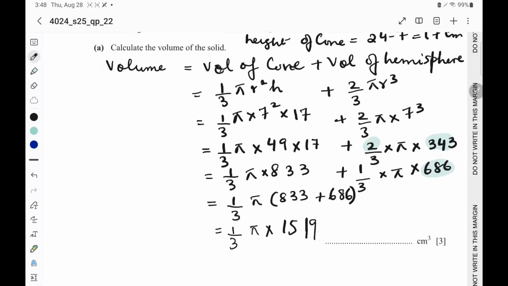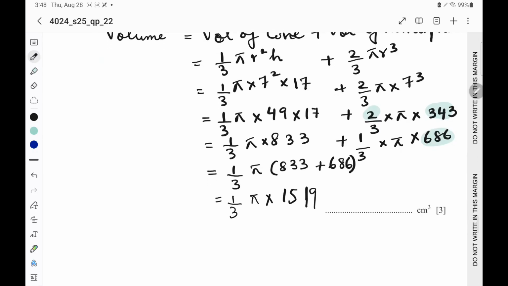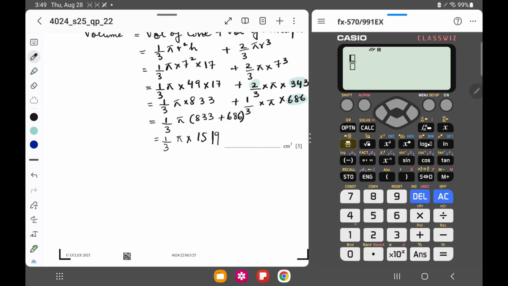So that is 1519 pi divided by 3. We'll find our answer. So 1519 times pi and divided by 3 equals 1590.69.